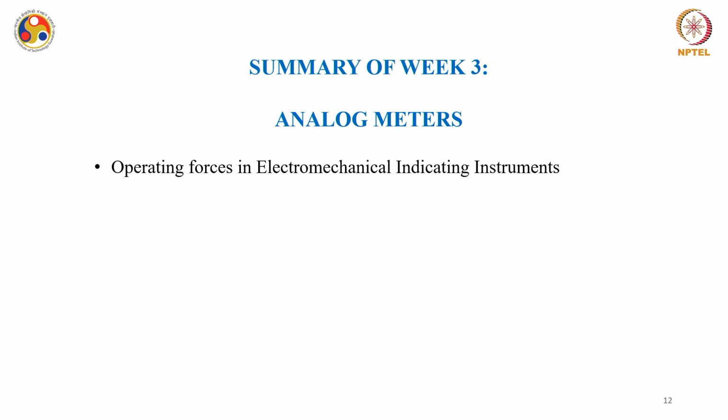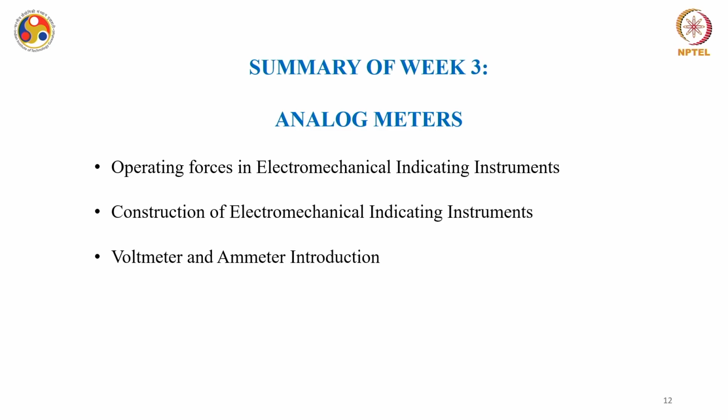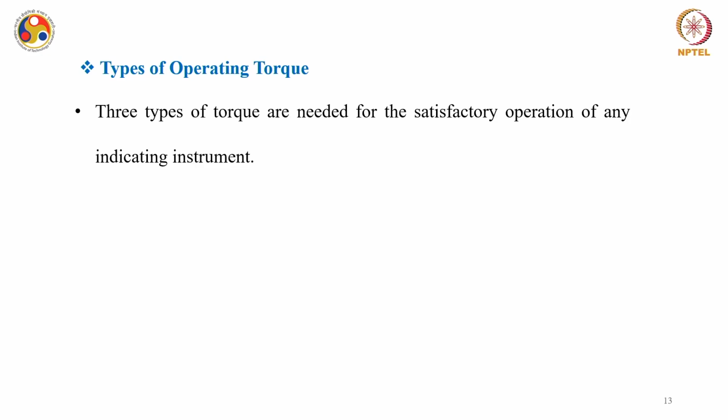In week 3, we have seen operating forces as well as their torques in electromechanical indicating instruments, the construction of electromechanical indicating instruments, and then I introduced you to voltmeters and ammeters to measure voltage and currents respectively. Of course, the instruments that we have seen can be converted to voltmeter or ammeter depending on how you connect the resistance, in series or parallel and so on.